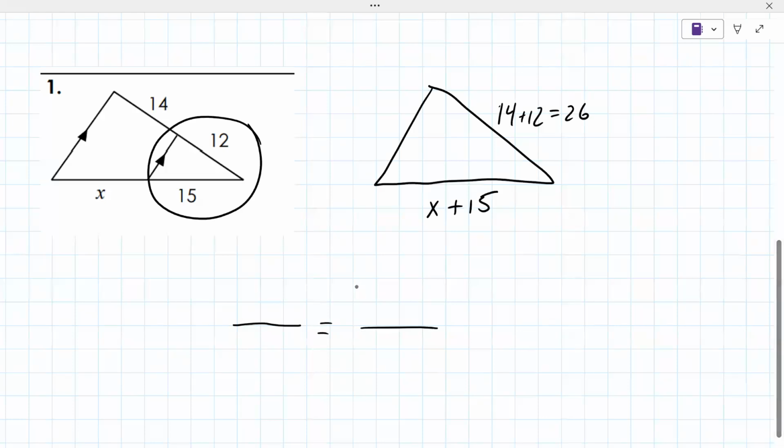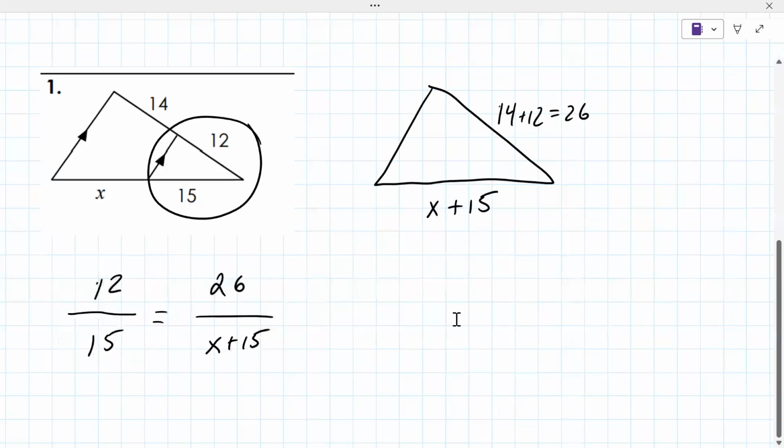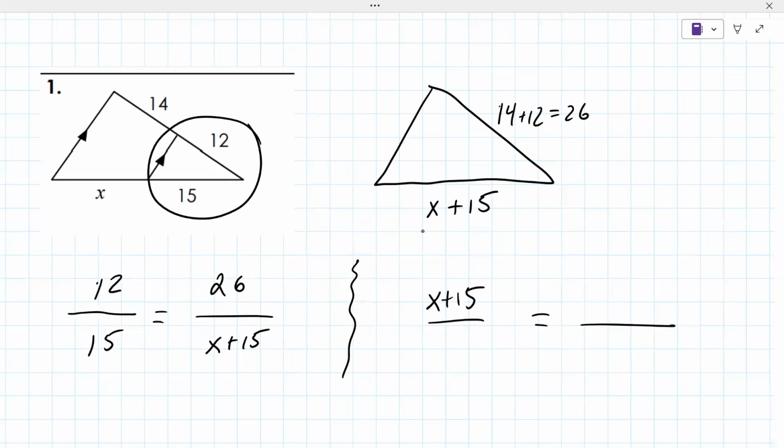So for example here, you could do 12 over 15 equals 26 over x plus 15. That's where I'm choosing smaller triangle, big triangle. You could also set it up as x plus 15 over 15, because those go together, and then 26 over 12.